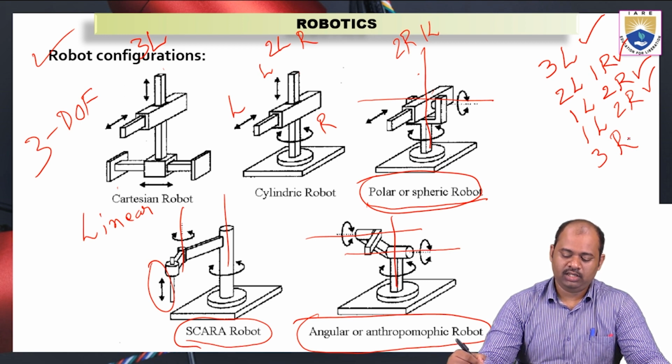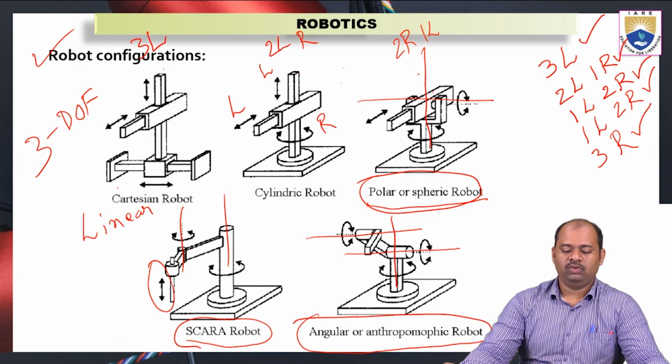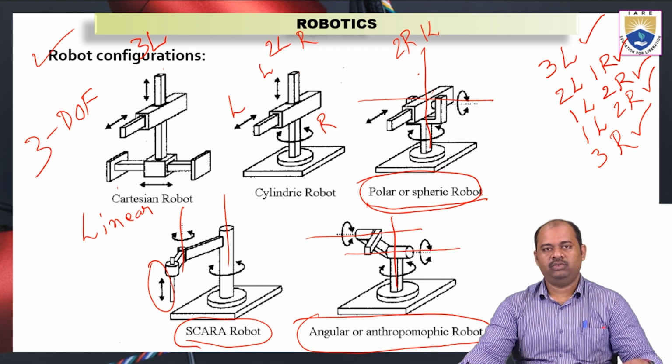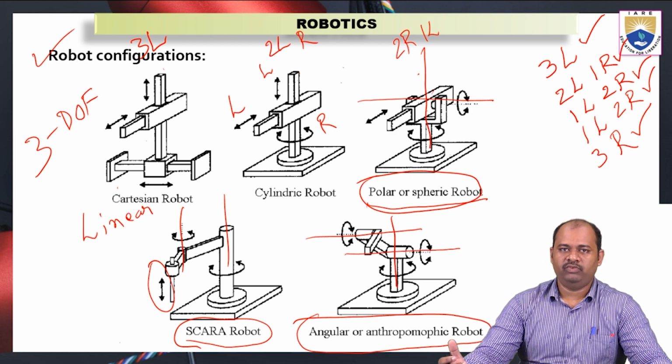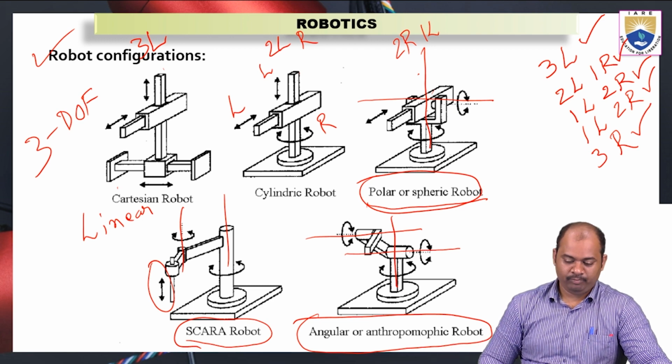And angular robot will have 3 rotations. There is no linear motion possible in this kind of robots. So all these different types of robots can be used depending on the purpose, depending on the process in which we are using the robots.